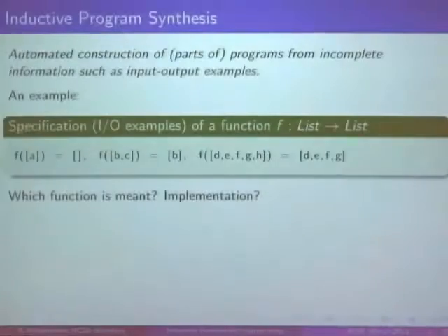Oh, I have a laser pointer. Let's see if it works. Okay, so we have here three examples of a function f from list to list. f applied to the one-element list A is supposed to return the empty list. f applied to the two-element list BC returns the one-element list B. And f applied to DEFGH returns DEFG.